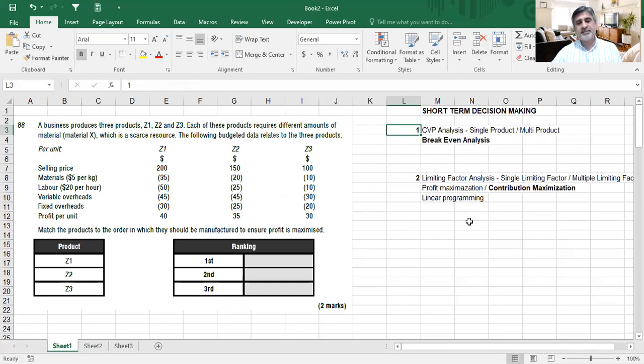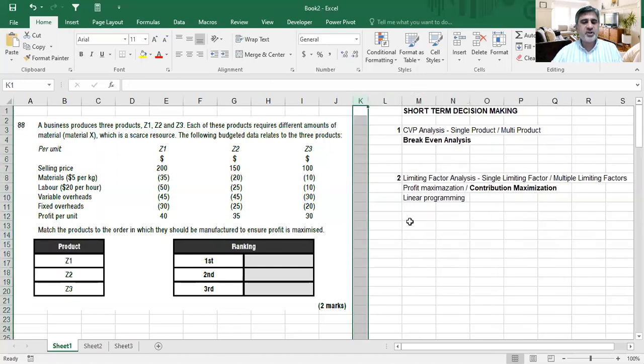And I have picked up some questions. I will do those questions, and while doing the questions, if there is any revision of concept which is needed, we will do that as well. Some fundamental concepts we might be touching. So this is question number 88 from your practice kit. It says a business produces 3 products, Z1, Z2, and Z3.